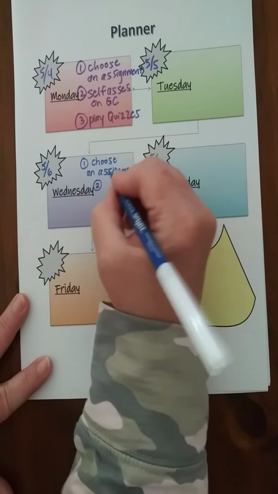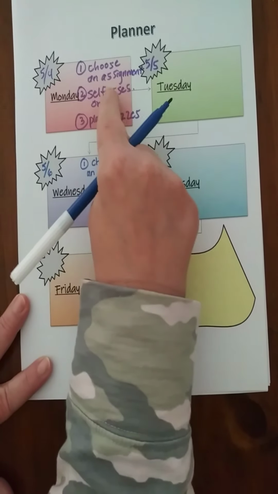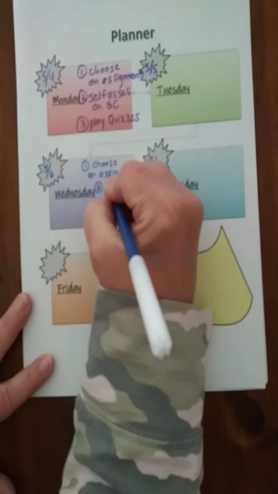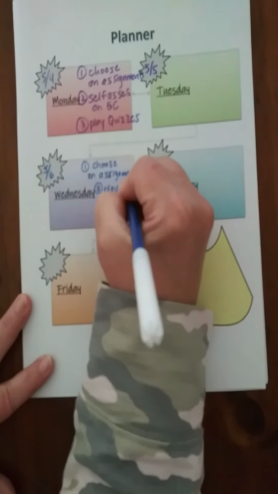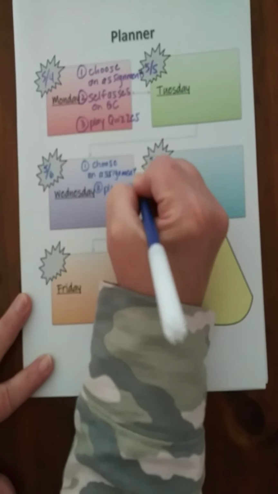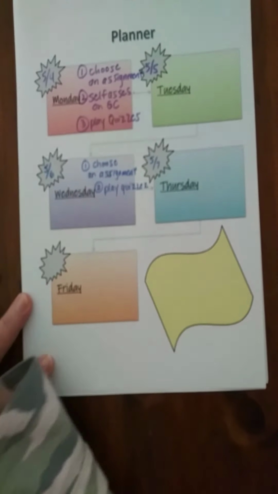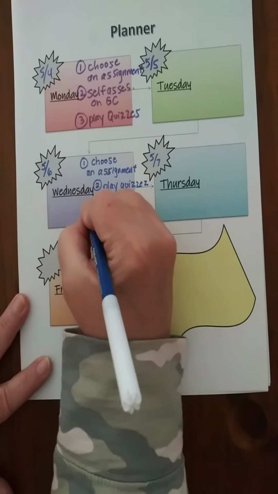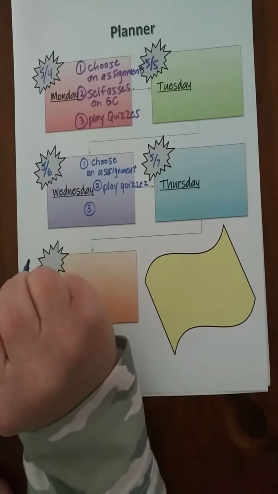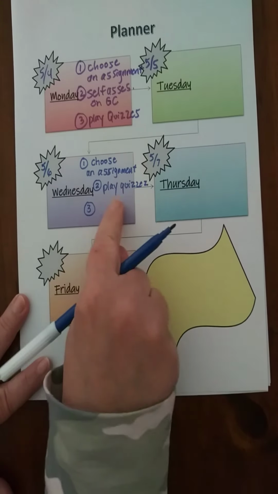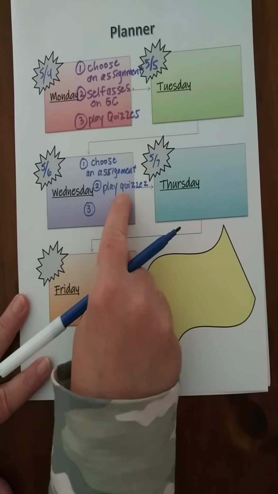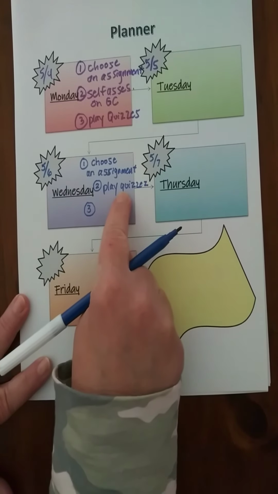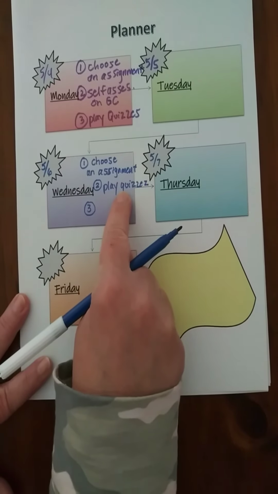Then step 2, let's reverse the order of these two. Play quizzes. The quizzes game, the link is on the Google Classroom under the assignments tab because it's an assignment, so play quizzes. And then last, let's have you do the self-assessment because there might be something that you learn in the quizzes game. You probably notice that they have like redemption questions or practice questions.